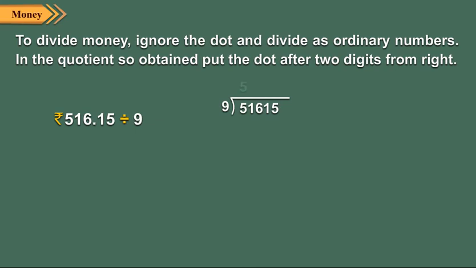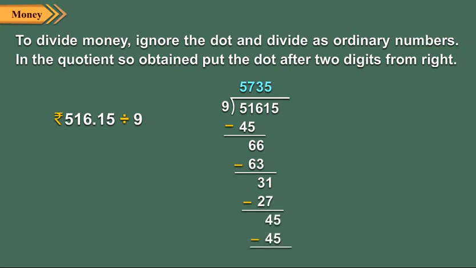Then we divide as usual. Now we put the dot in the quotient after 2 digits from the right. So the required quotient is equal to rupees 57.35.